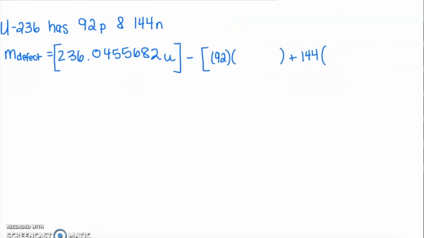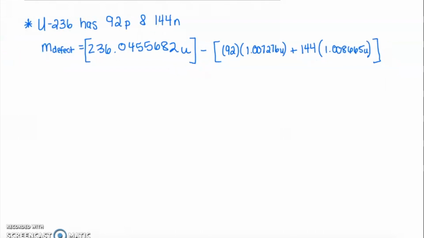I'm going to have to head to the data booklet because I do not have those memorized. So here we are comparing the mass of the whole nucleus to the mass of each of the individual nucleons just on their own. This comparison is going to give us the mass defect.